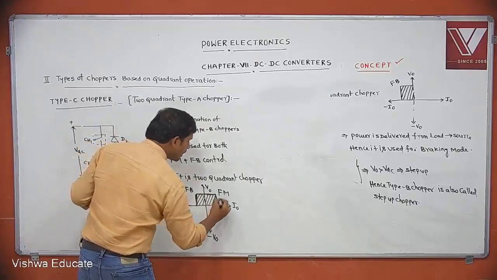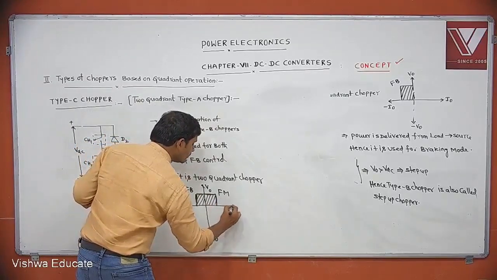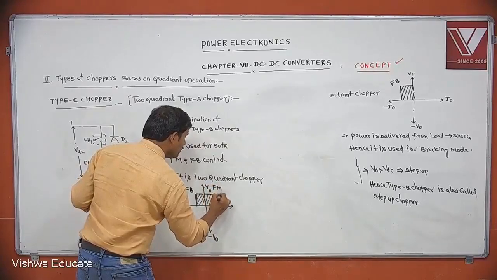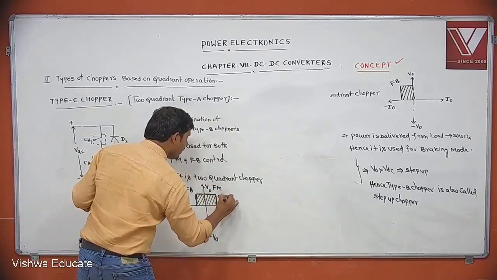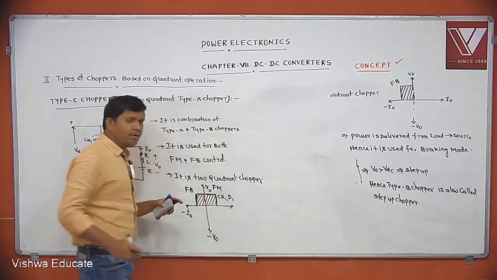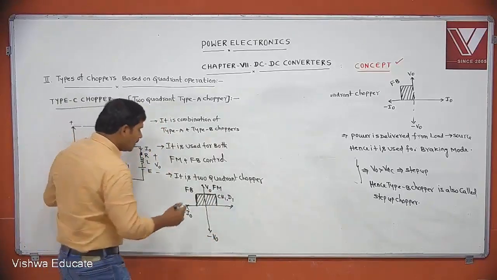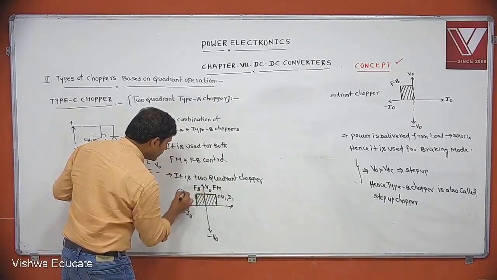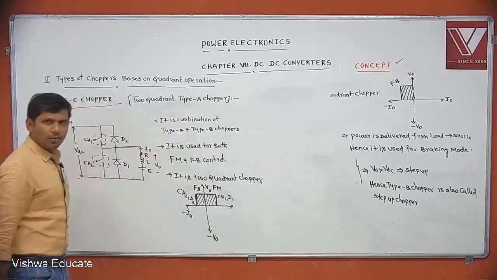Here which devices are operated? This is forward motoring, forward braking. CH1 and D1 are operated in the first quadrant. Here which devices are operated? This is forward braking. Here CH2 and D2 are operated.